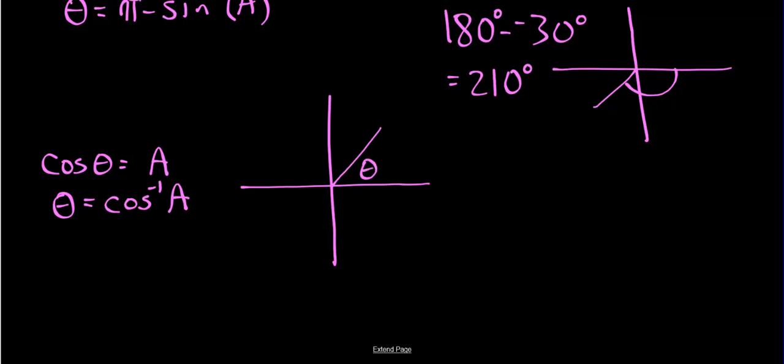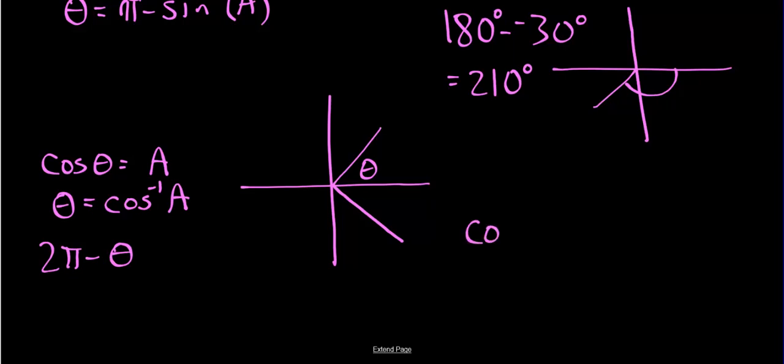Now, we also need to find this angle down here because cosine is also positive in quadrant 4. So let's think how that would be. We could take 2 pi minus theta. Yeah, that would work.